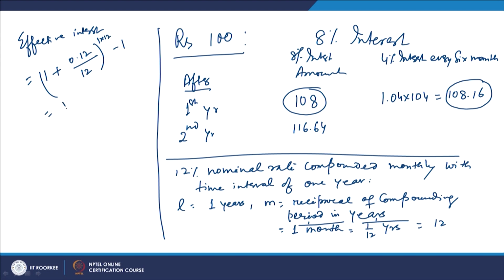So, it will be 1 plus 0.01 raised to the power 12 minus 1, and if you do that, you will get 0.1268.